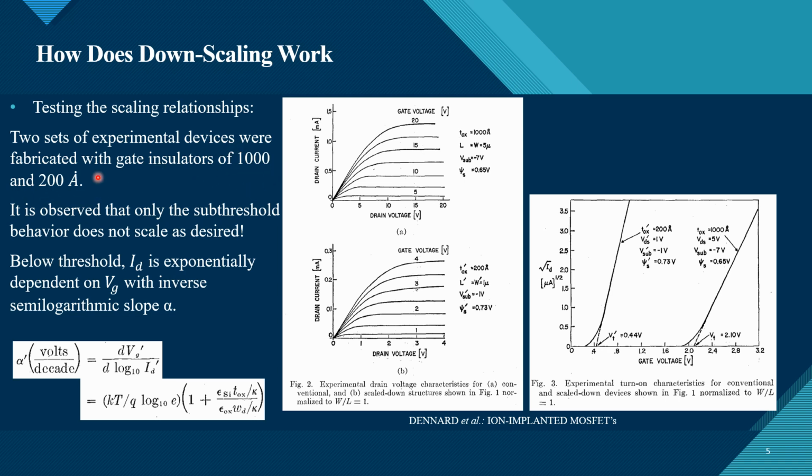In other words, the scaling factor is 5. One of the devices has 1000 angstrom gate insulator, and the other one has 200 angstrom.